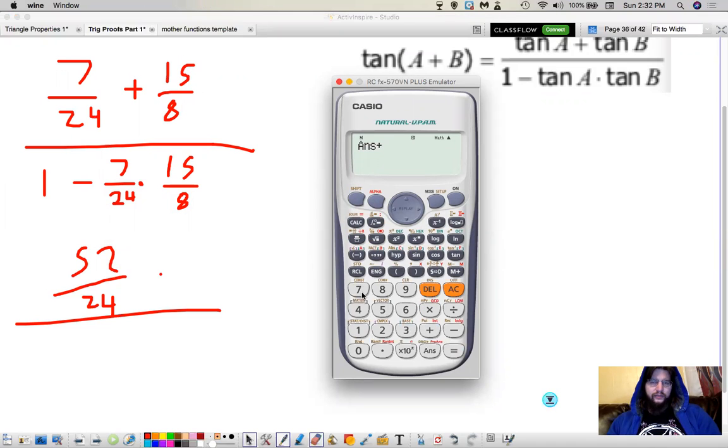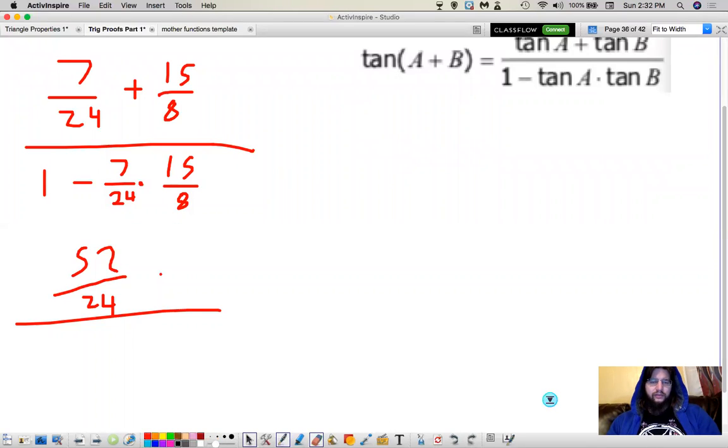I'll write that as a separate step so I don't confuse everybody. That's 7/24 plus 45/24. Got a common denominator, equivalent fractions here.